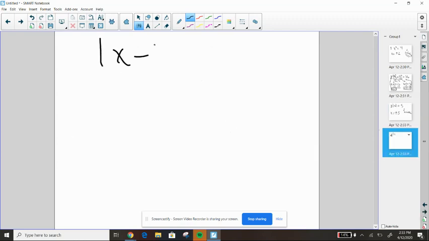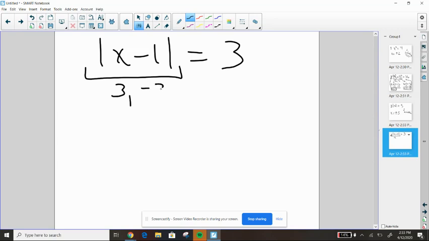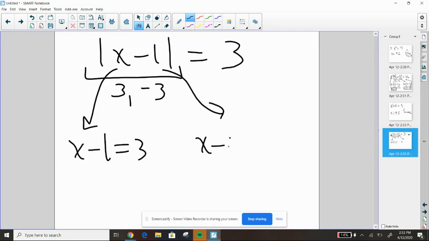What happens if it gets a little more complicated? Again, I know that this entire thing has to turn into a 3 or a negative 3. So I write my two equations. Either x minus 1 is 3 or x minus 1 is negative 3. And then I solve from there, like good old-fashioned equation solving.